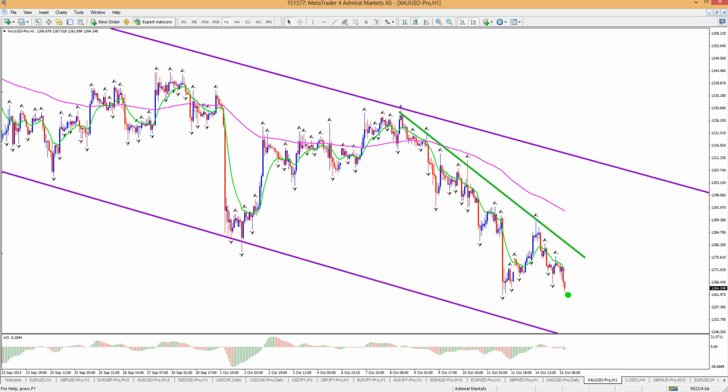Probably the only opportunity that I find interesting is if we move higher, back up to that green line, I find resistance in here for downside. That would probably be the only thing at the moment that makes sense to me, to wait for a move from 12.755 with a stop loss above 12.90, targeting 12.30.